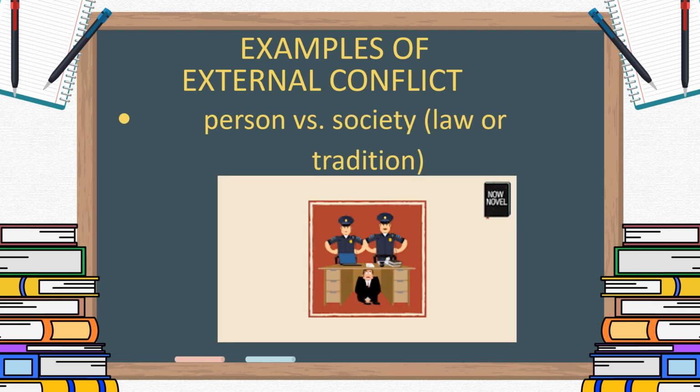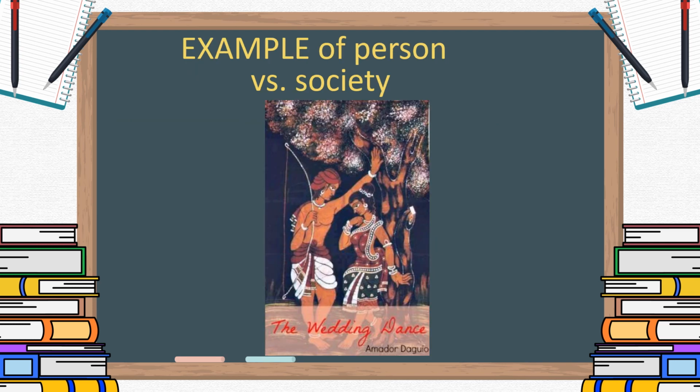Another example of external conflict is person versus society. Someone is escaping from the law or traditions. Example of person versus society.